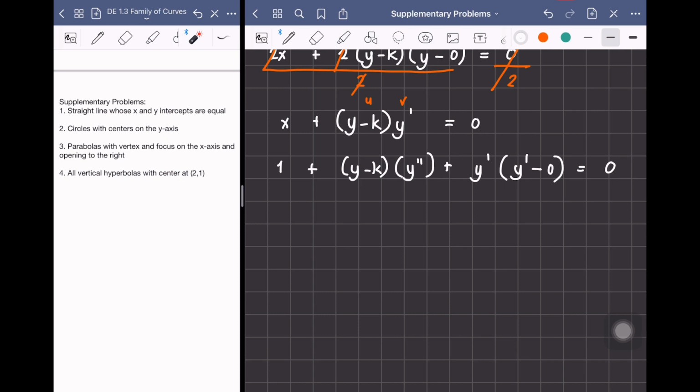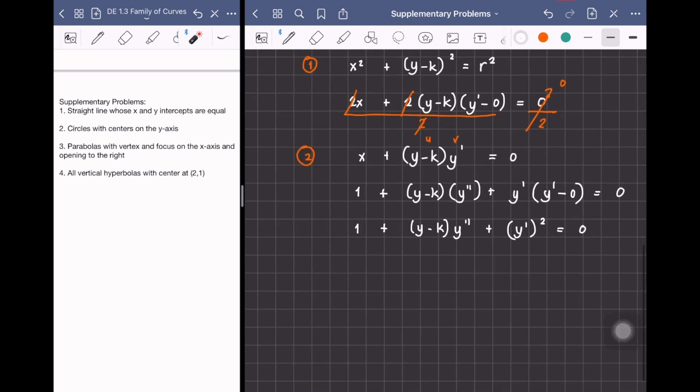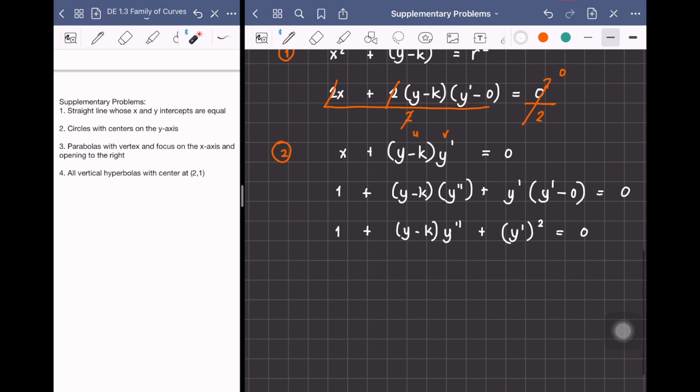So, simplifying, this will be 1 plus y minus k, y double prime, plus y prime times y prime. So, you have y prime quantity squared equate to 0. So, in the second derivative, we were not able to eliminate the arbitrary constant k. So, we will tag this as equation number 3.